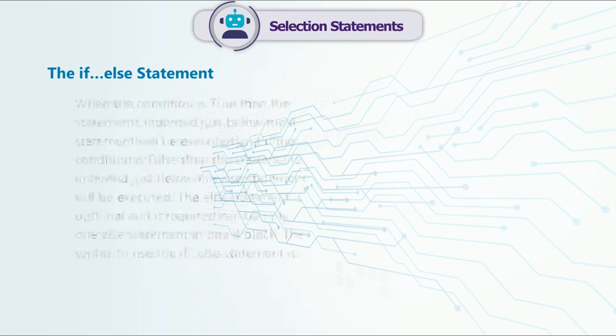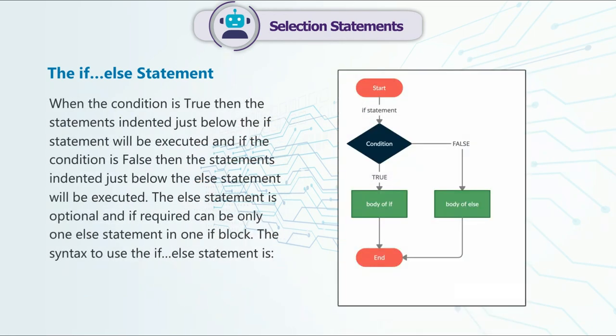The if-else statement. When the condition is true, the statements indented just below the if statement will be executed, and if the condition is false, the statements indented just below the else statement will be executed. The else statement is optional and, if required, there can be only one else statement in one if block.